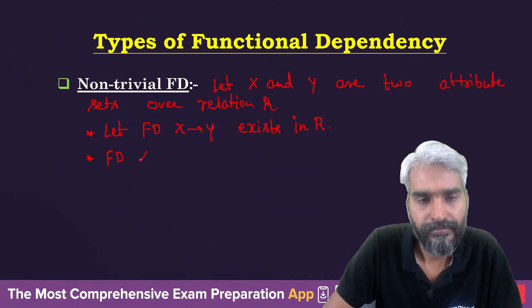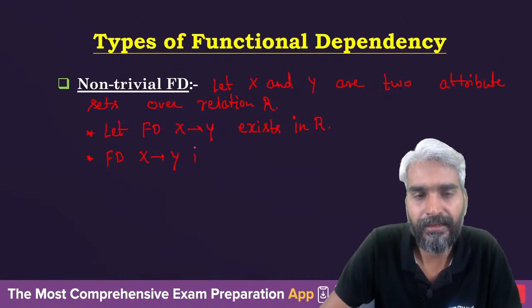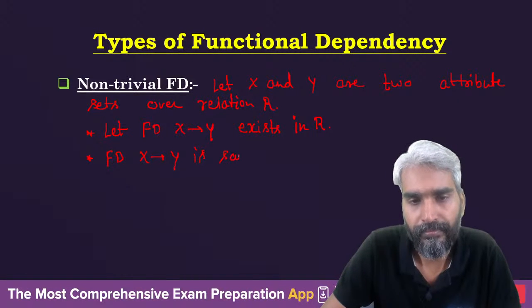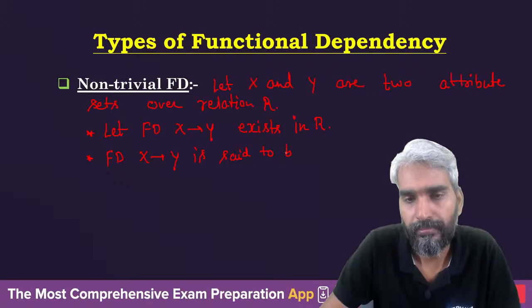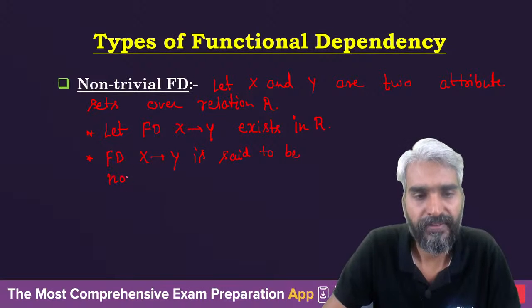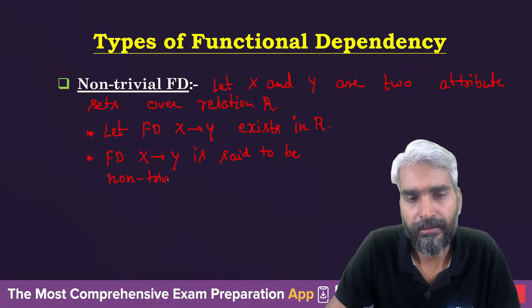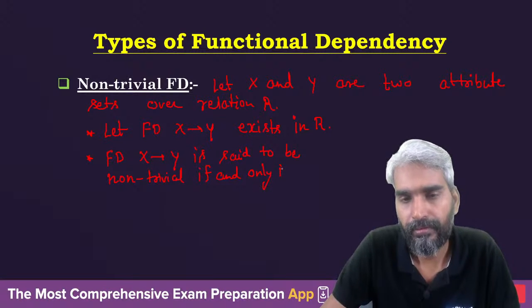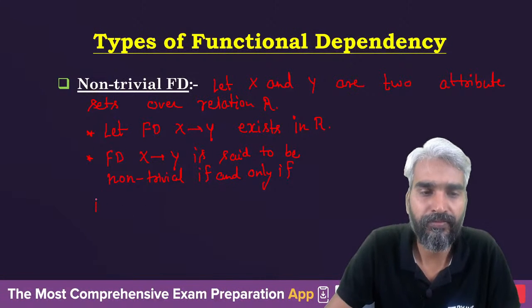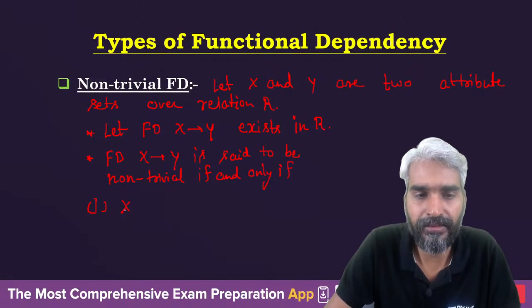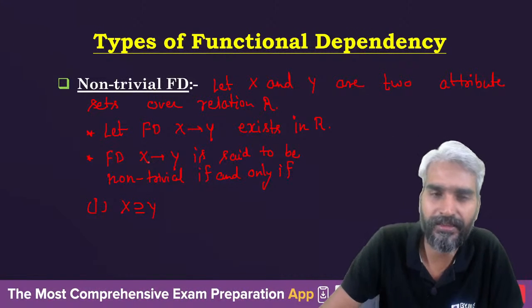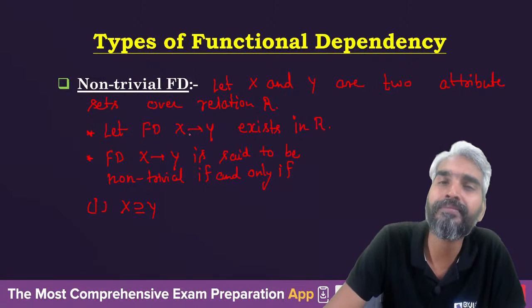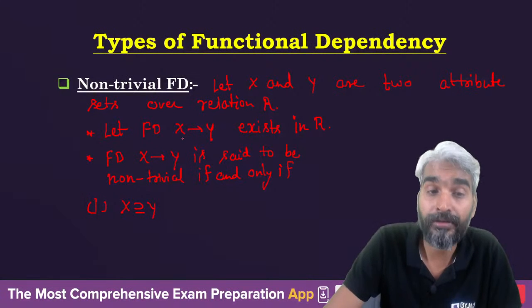FD X implies Y is said to be non-trivial if and only if, first, X is not a superset of Y. Yes sir, this is obviously understood, because if X is a superset of Y, it will become trivial, it will not remain non-trivial.